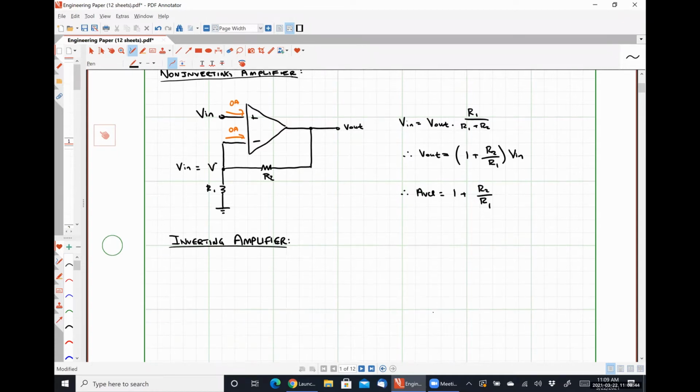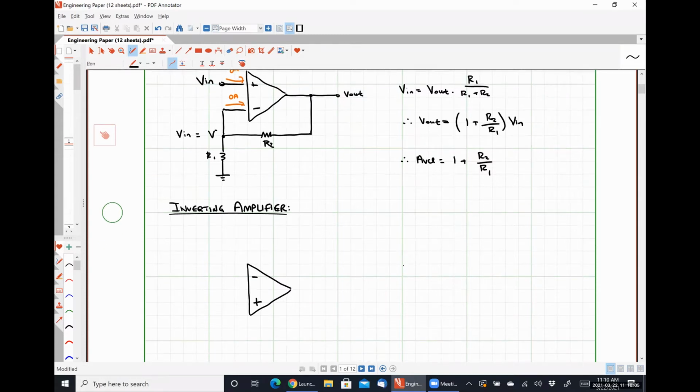All right, so the inverting amplifier. I want to point something out here. I am flipping my op amp over, so I'm placing my non-inverting input terminal on the bottom now, my inverting input terminal up at the top. I'm going to ground my non-inverting terminal.